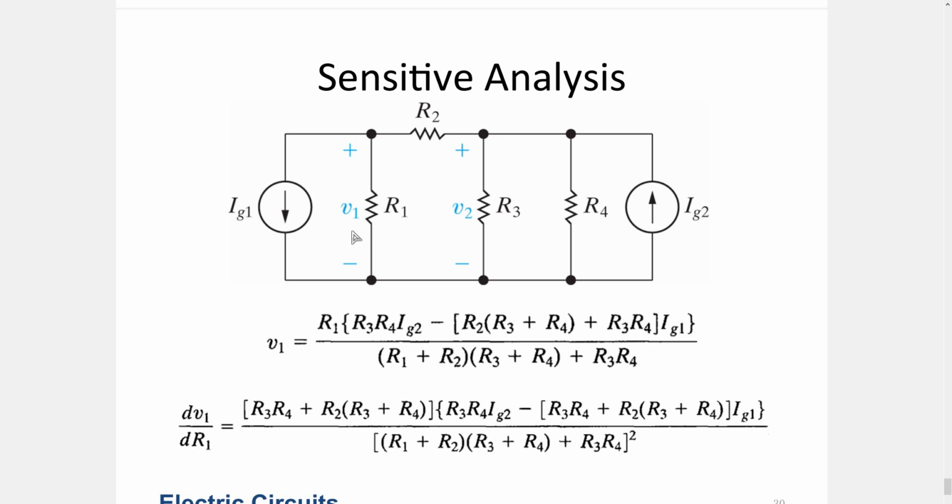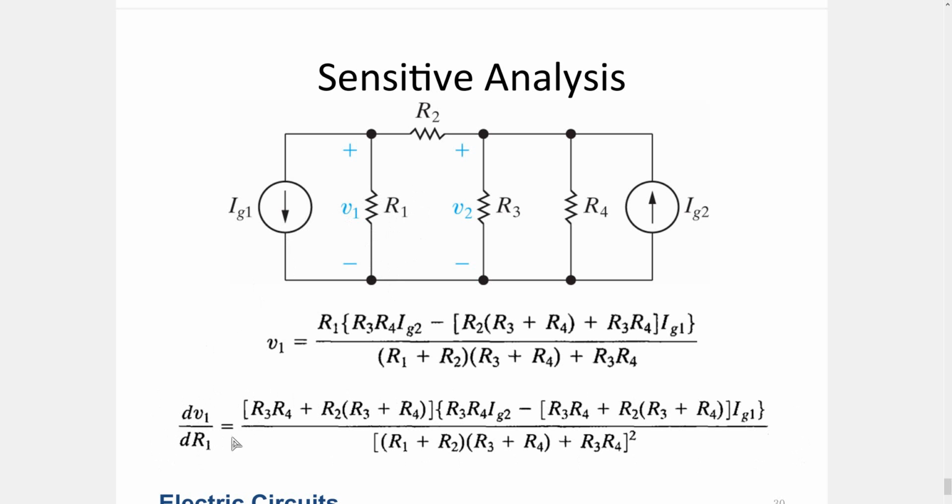In this case, I'm looking for the dependence of V1 on the variable R1, which is the value of this resistor. And I do the math by taking the derivative of it. Okay.